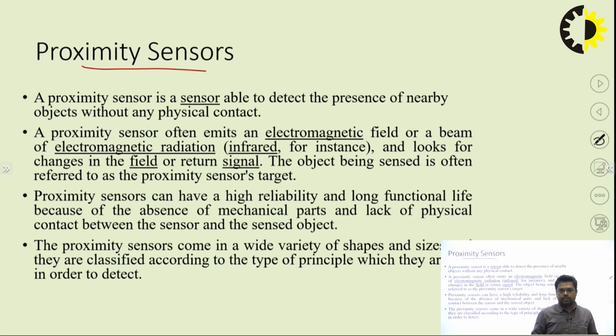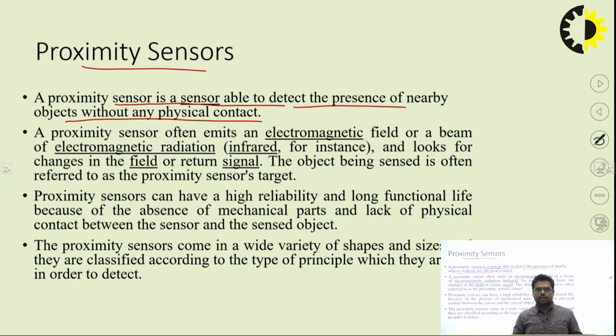According to the nearing object, it detects and gives the signal further. So, this proximity sensor is able to detect the presence of a nearby object without any physical contact. It detects whatever object is nearby, and accordingly gives the signal. That is why it is called a proximity sensor.